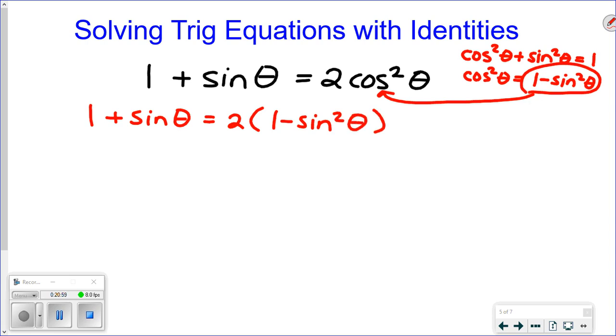Okay, so notice now how we have a sine squared theta and we have a sine theta. So now I know I want to try to factor this equation, but before I factor, I have to set it equal to 0. So in order to do that, I would first distribute the 2 to get rid of the parentheses.